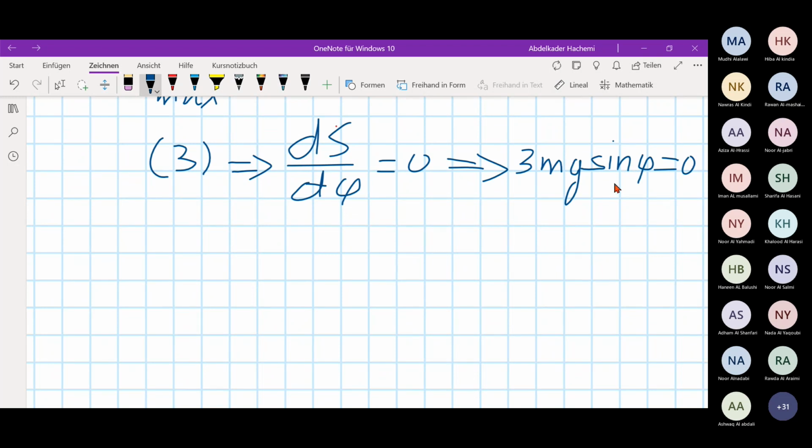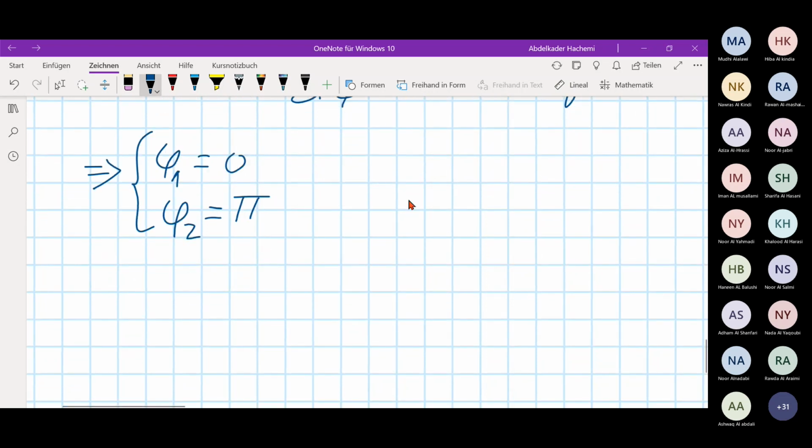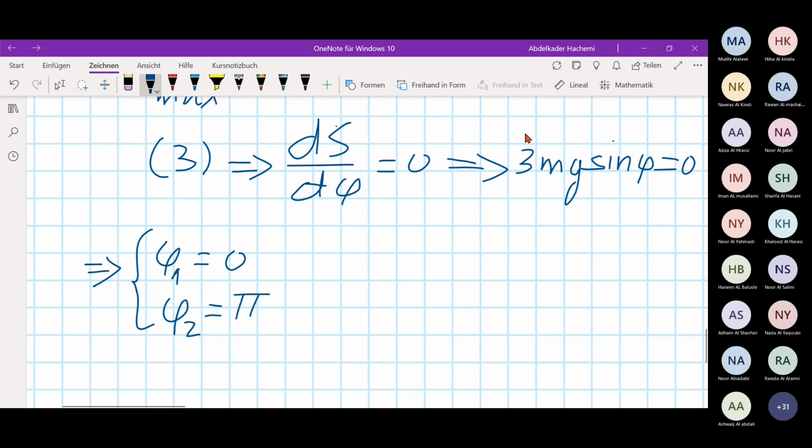Then we have two cases: either phi 1 is equal to 0 or phi 2 is equal to pi. These are the two conditions that you get here.